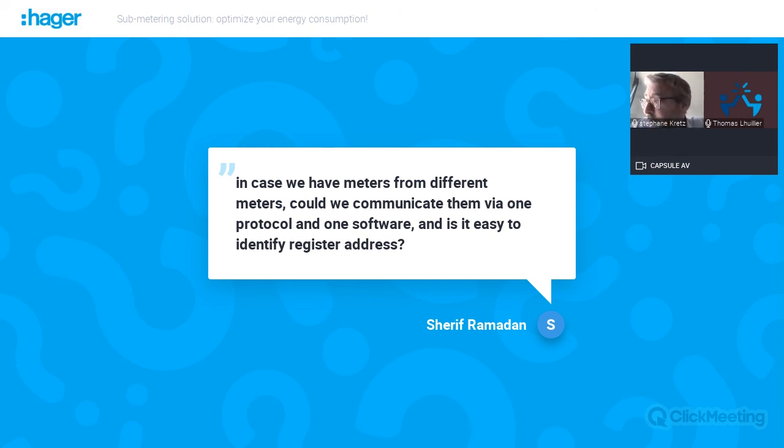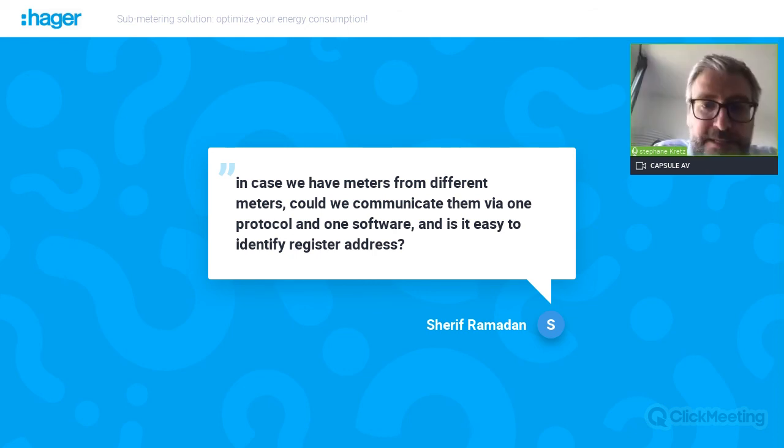Yes, it's not a problem, because this is an advantage of the standards. If you have the standards, for instance Modbus, of course, depending on the standard, it could be a different Modbus table that communicates. So the value could be at a different place in your table, a different address.